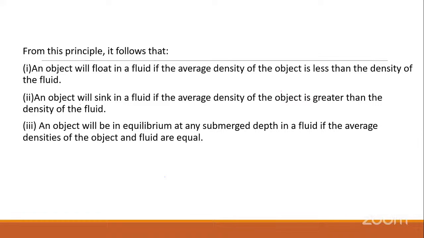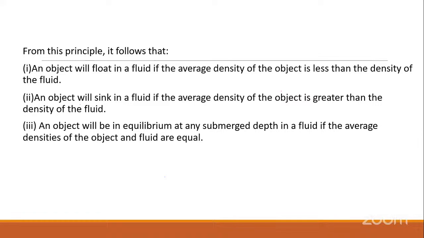If the density of the object is equal to the density of the fluid, the object will float. But if the density of the object is more than the density of the fluid, the object will sink.